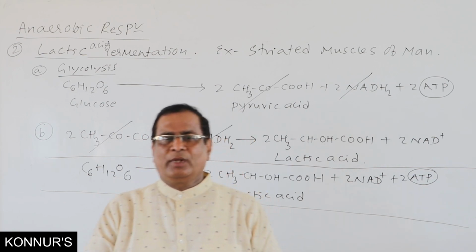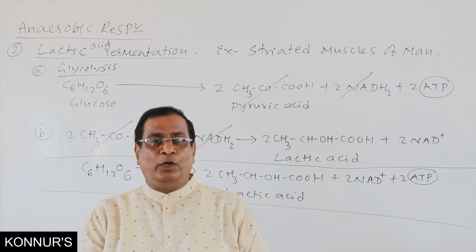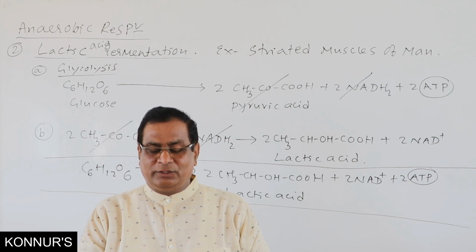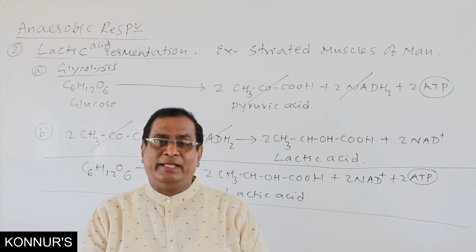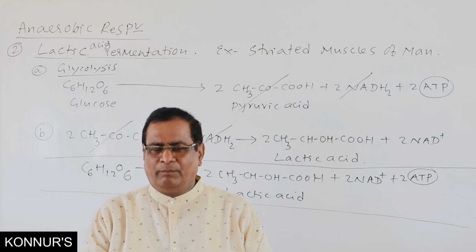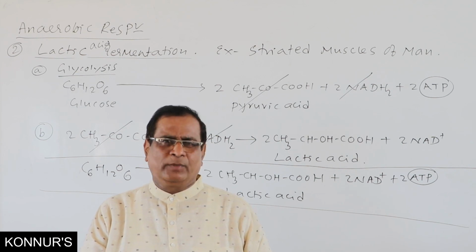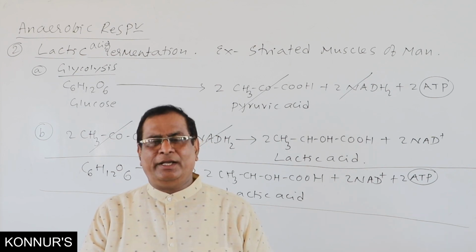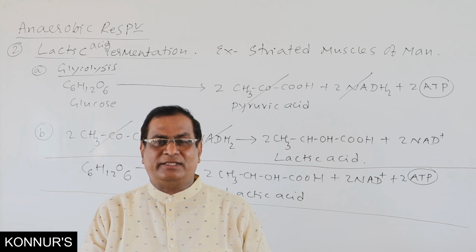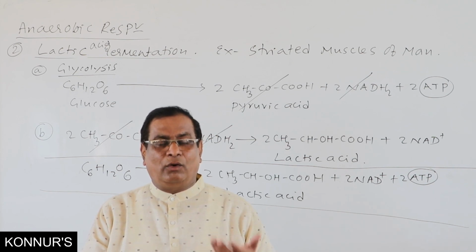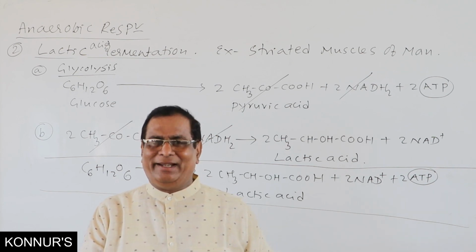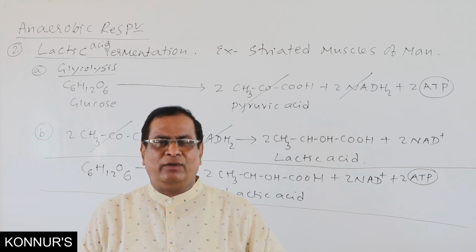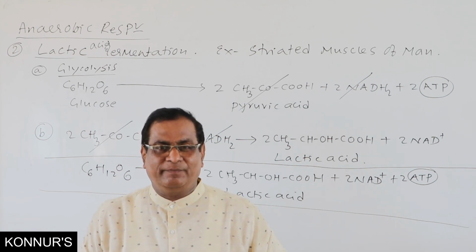That's why Anulom Vilom, a pranayama, is very useful and very scientific. By Anulom Vilom, we take very deep breaths so that the maximum oxygen is inhaled and all the muscles in the body get oxygen supply.